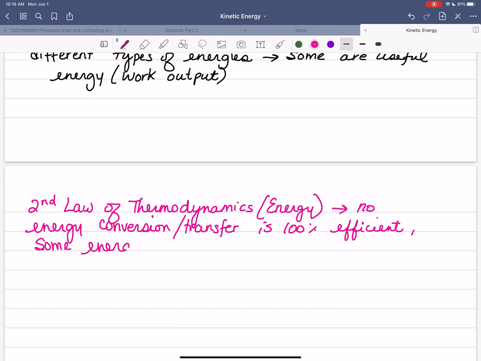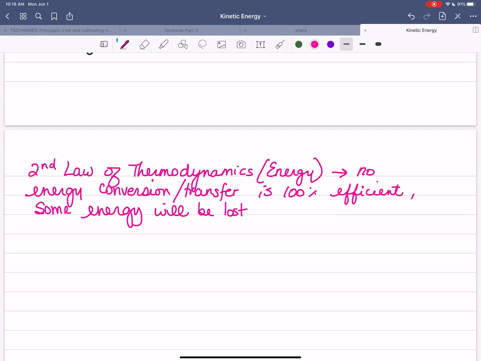Some energy will be lost. Okay? And we call that waste energy, also known as entropy. So some of that energy will be lost.